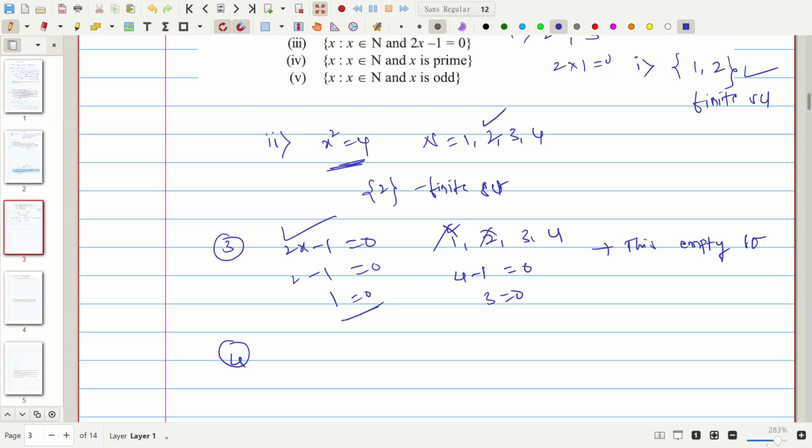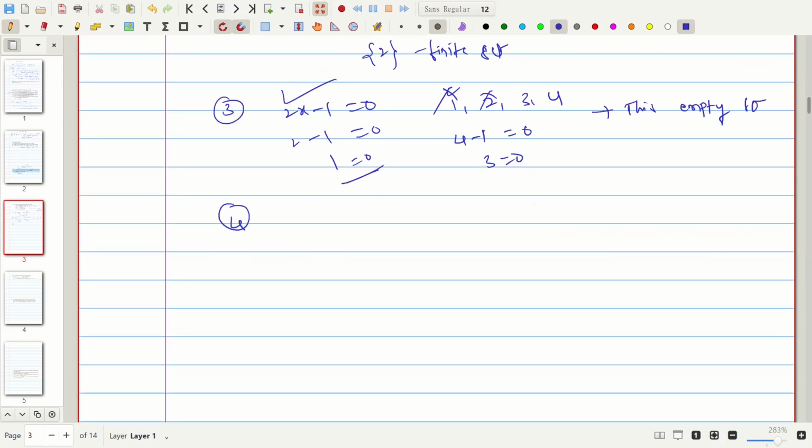Among natural numbers, which are continuous, 1, 2, 3, 4, and so on, the prime numbers are 2, 3, 5, 7, and they are also continuous among the natural numbers. Therefore it is an infinite set.